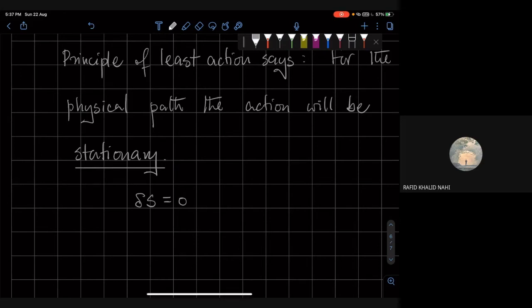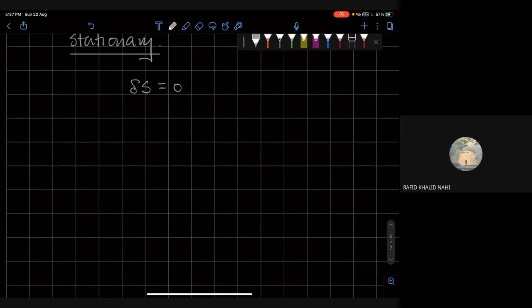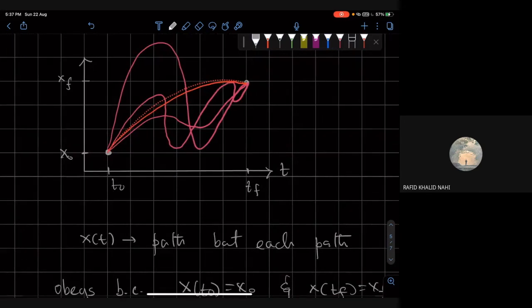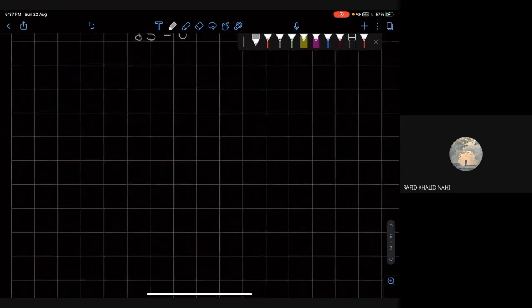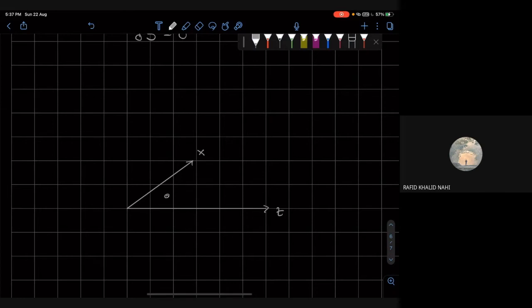And this is called the principle of least action. Okay? Why is it least? Because suppose I draw this picture in a different way. So what I do is that I use the XY plane. So this is the x-axis, this is the time axis, and this is the initial position, and this is the final position.